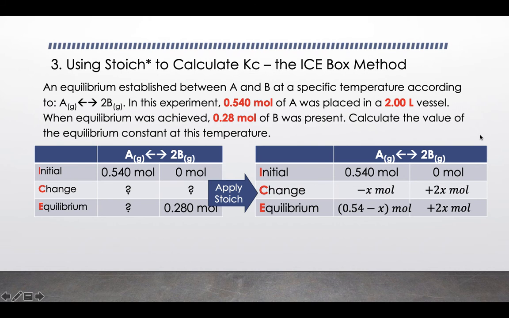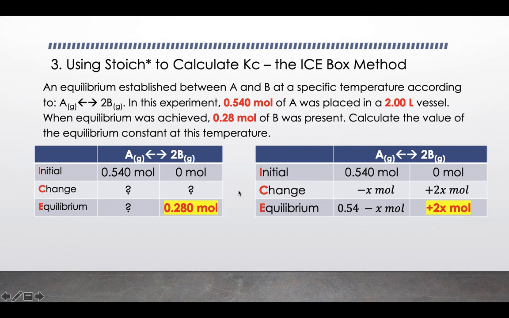We have two tables. One tells us what the data are actually given for this question. The other is how we, using stoichiometry, fill out the box. Do they have some relationships? Of course they do. In the end, we know that 0.28 mole of B was present, and we know that if X moles of A was converted into B, it will be 2X. So these two quantities at the same position of the table must equal each other.